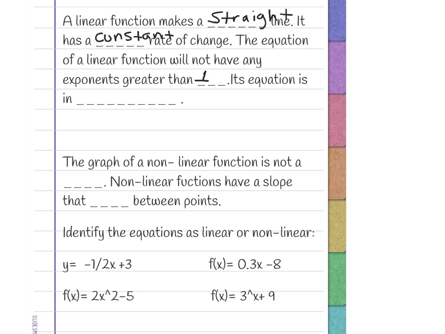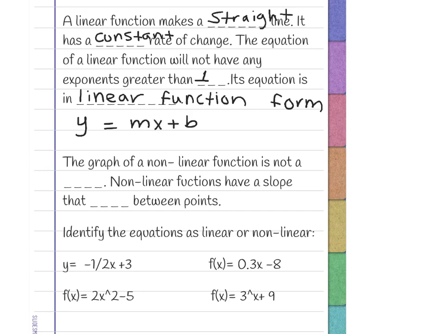Its equation is in linear function form. What that looks like, for example, is y equals mx plus b, where the b represents the y-intercept and the m is the slope.